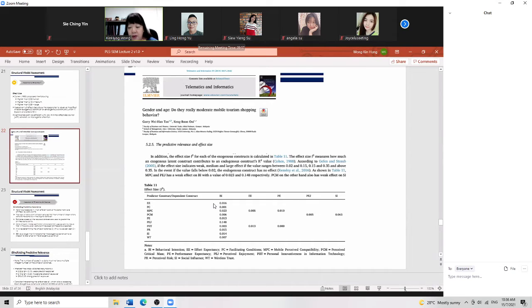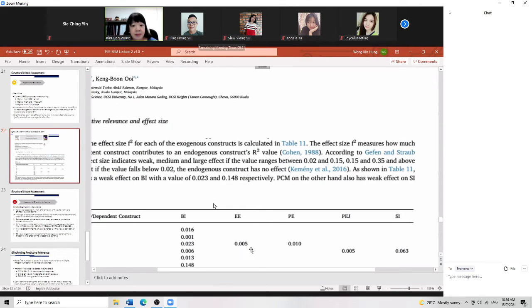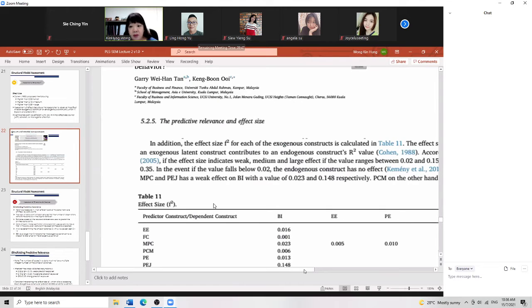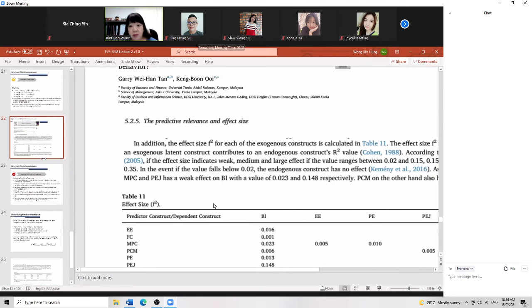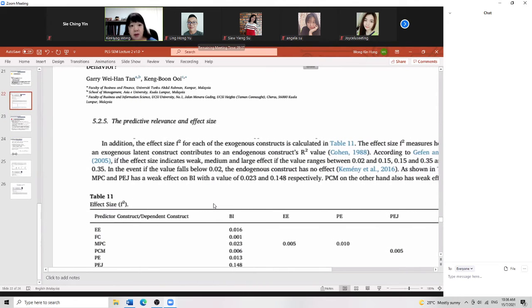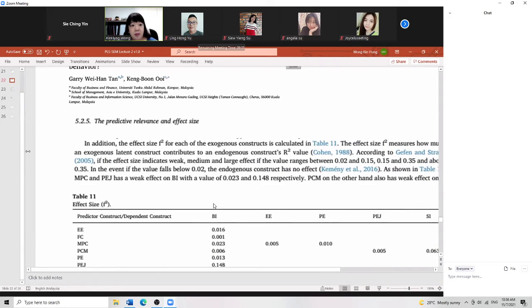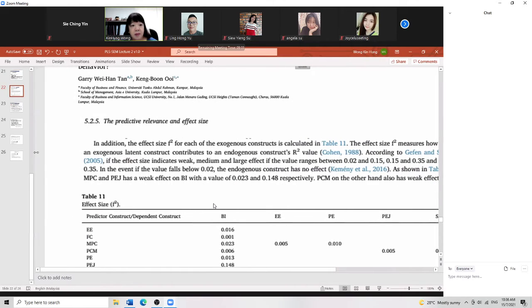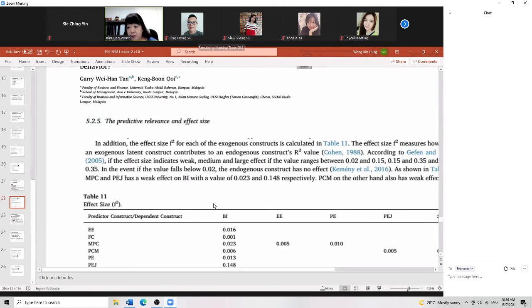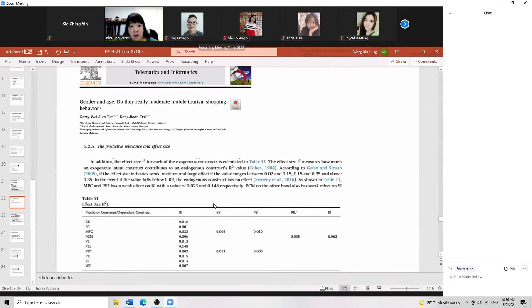Can you all read the text? Is it small? Is that better?